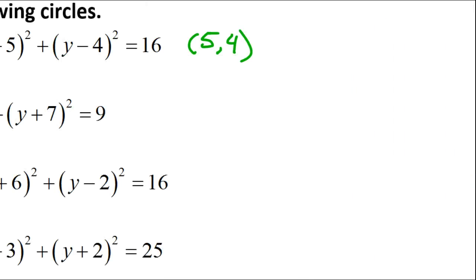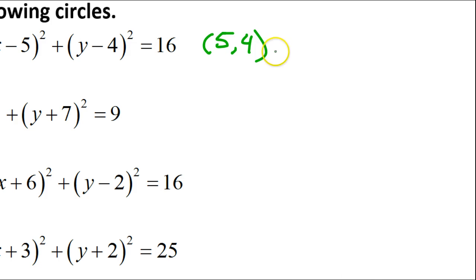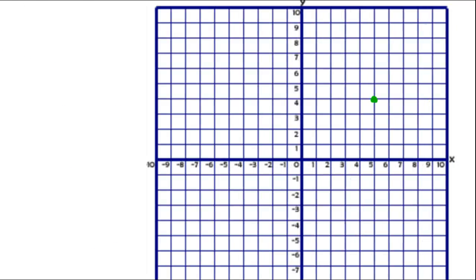And now the radius is going to be the square root of this. So my radius is going to be 4. So I'm just going 4 in all directions. So this will be my circle.